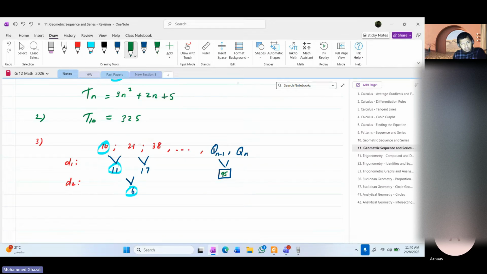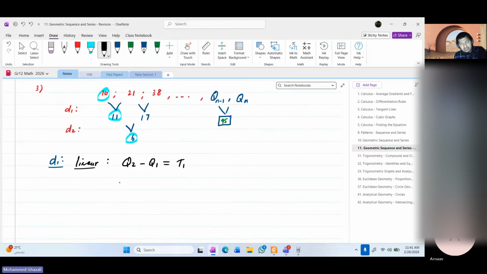Now think about this. What is Q2 minus Q1? It'll be term 1, right? So term 1 for difference. Look at the difference formula. So term 1 of difference 1, the linear part. Remember, difference 1 is a linear pattern. If you take the second quadratic and minus the first quadratic, you'll get term 1 of the difference 1.